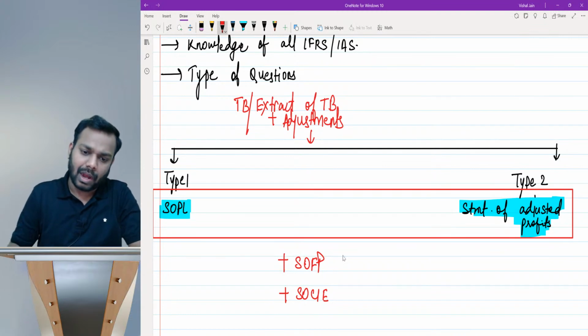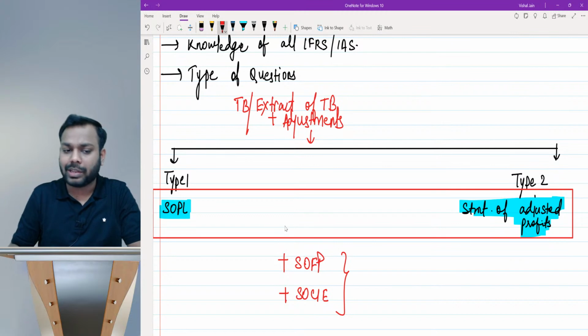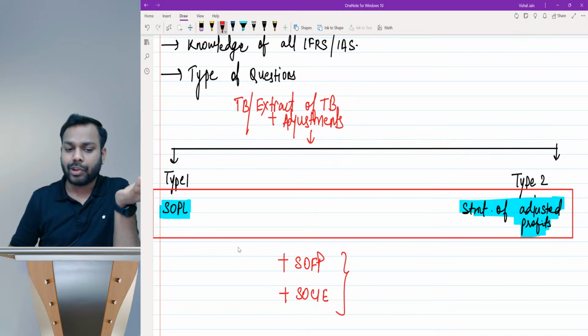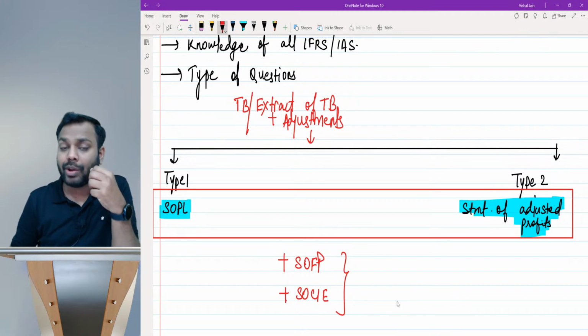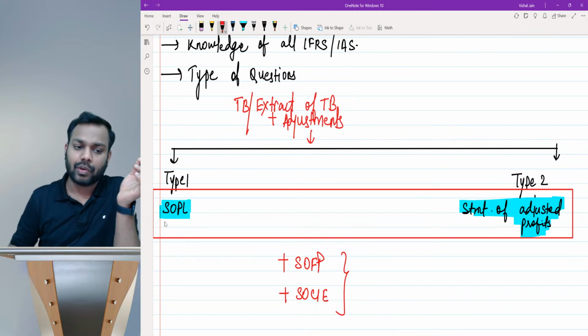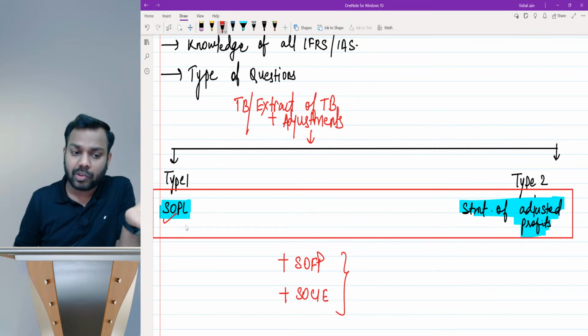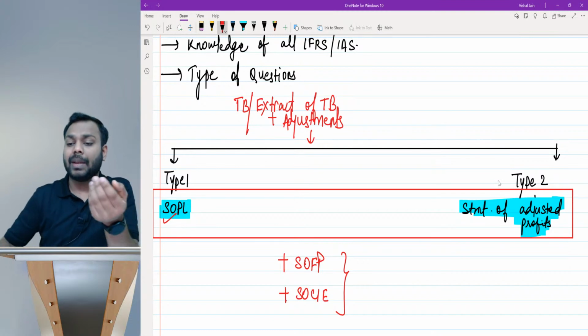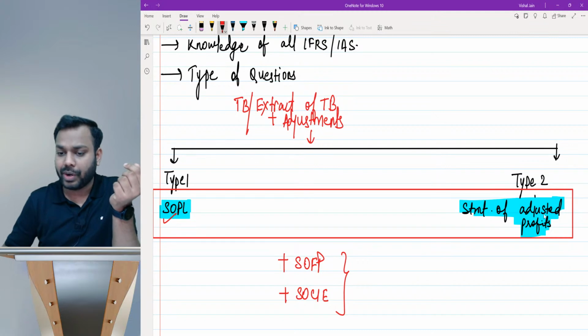Now the question might ask all three, like SOPL, SOFP and SOCIE, or the question might ask a statement of adjusted profits, SOFP and SOCIE, all three, or any two, or any one. It can be possible that the question asks you SOPL and SOFP, or SOPL and SOCIE, or a statement of adjusted profits or statement of financial position.